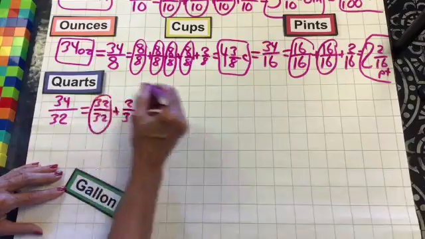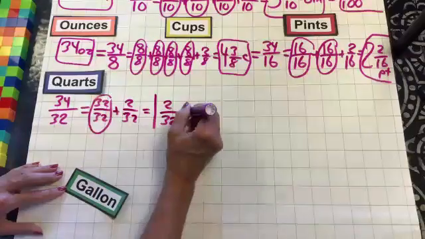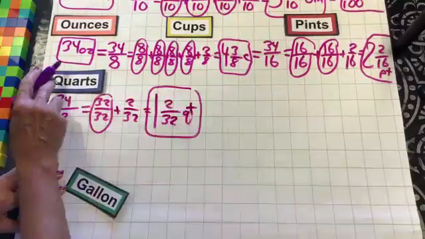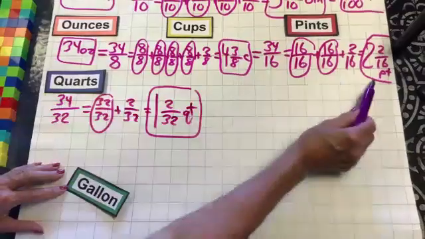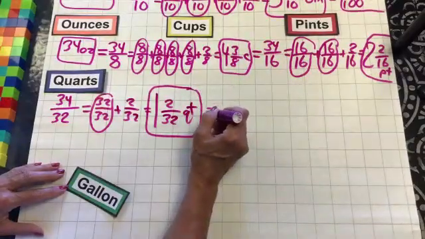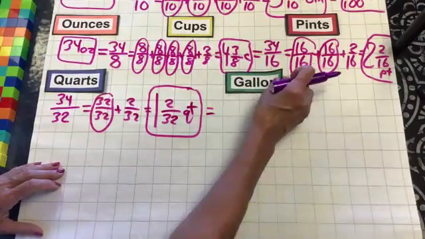That equals 1 whole quart and 2/32 of a quart. So 34 ounces equal all of these different denominations of liquid measurement in standard form.